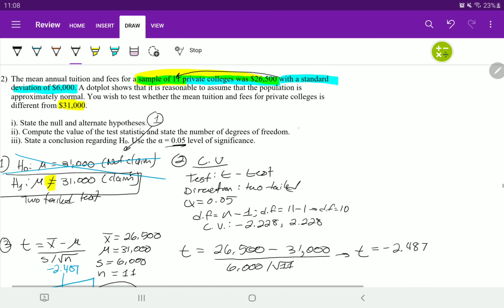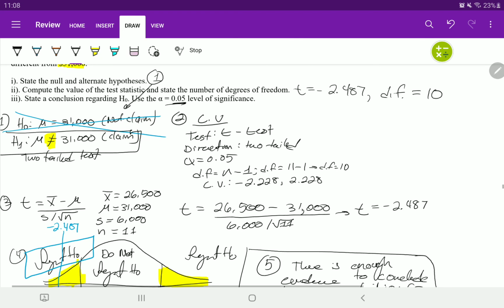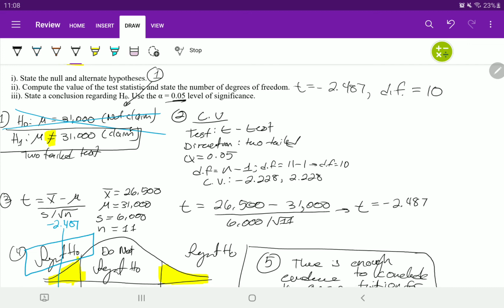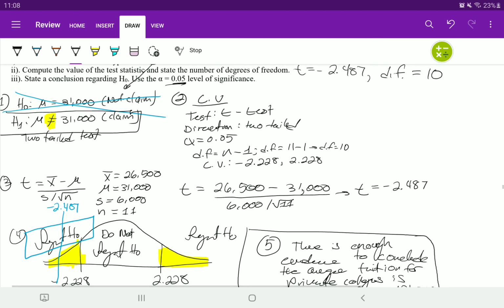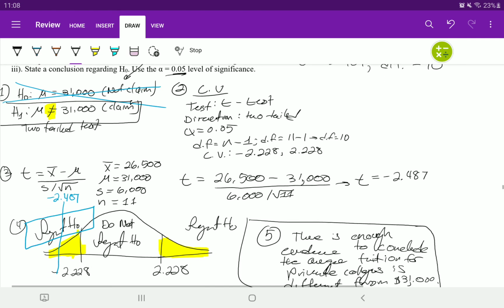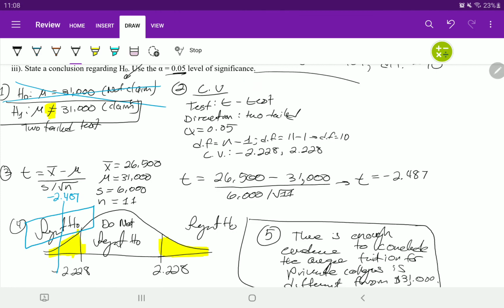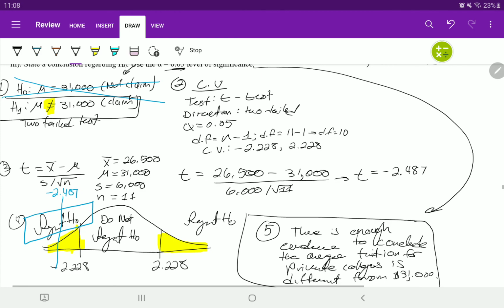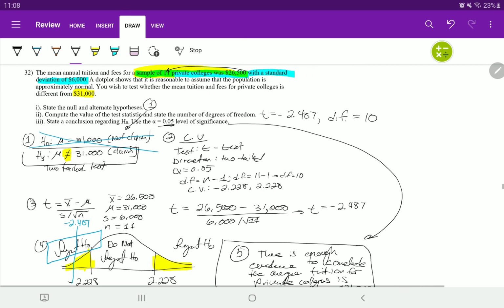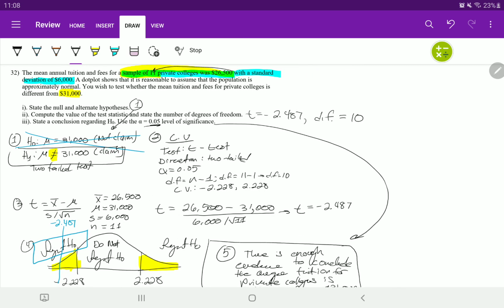So that's going to be t equals negative 2.487. And the number for the degrees of freedom, our degrees of freedom is going to be 10. It says state a conclusion regarding the null hypothesis using the alpha level of 0.05 level of significance. That is step number 5, which we did.